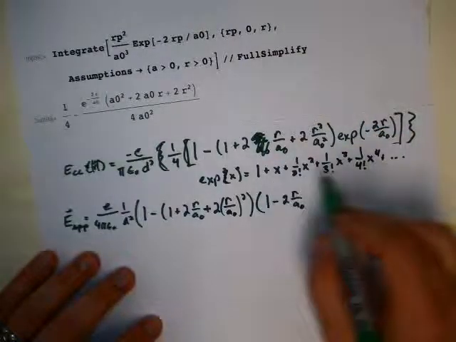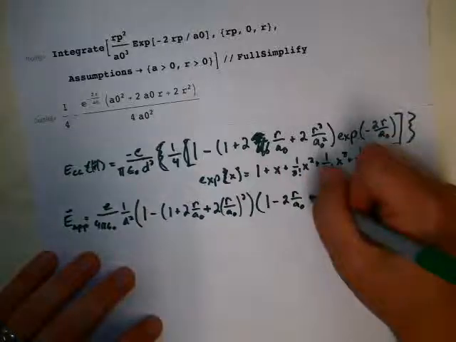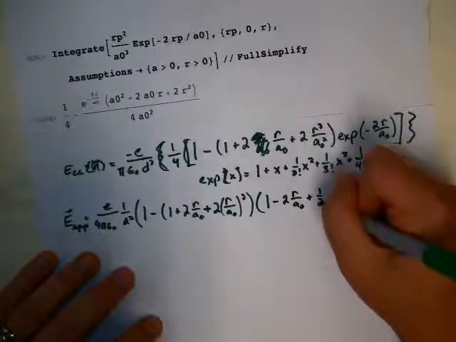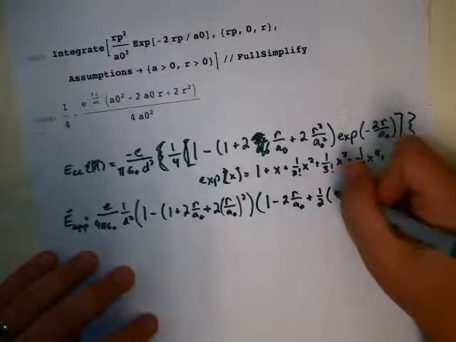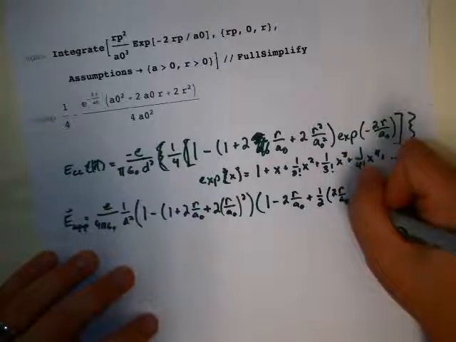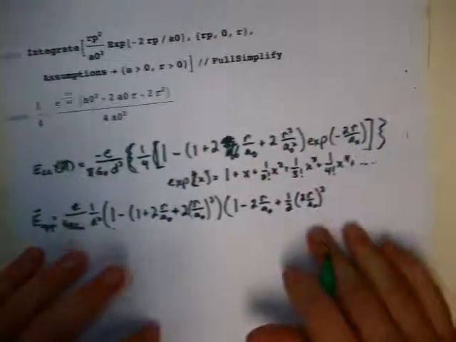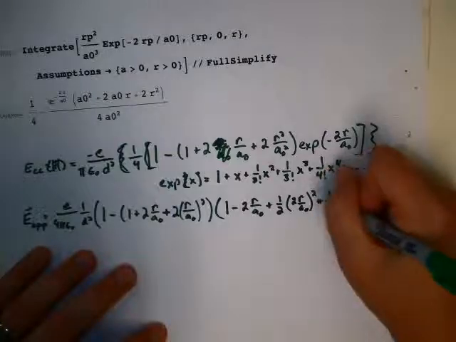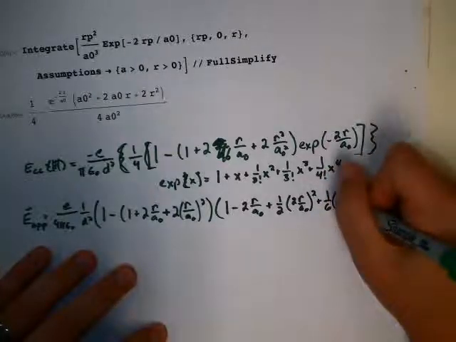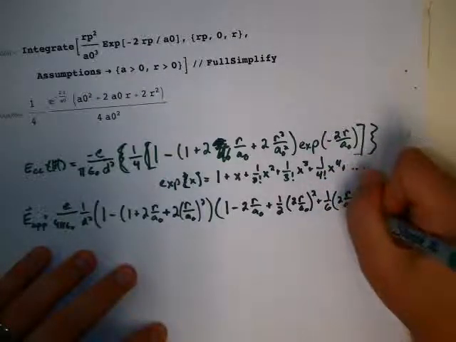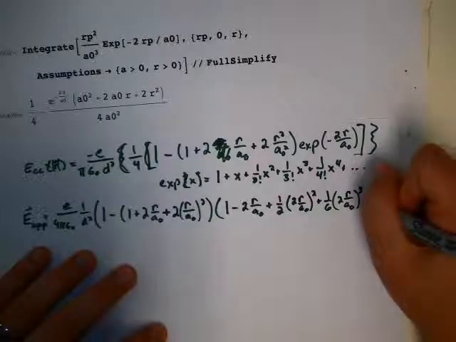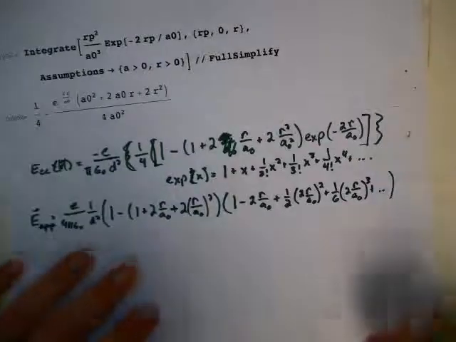So that's this first term, it's just that, and then plus 1/2 of 2r over a naught squared, plus 1/6 of 2r over a naught cubed, and I think that's far enough. Okay.